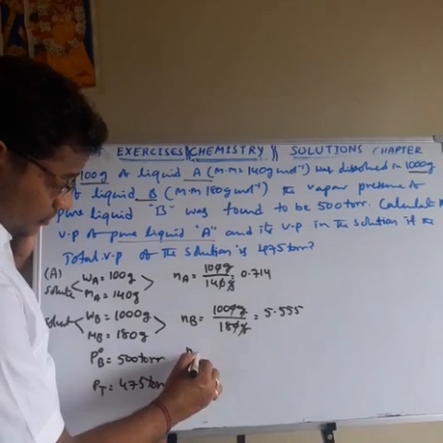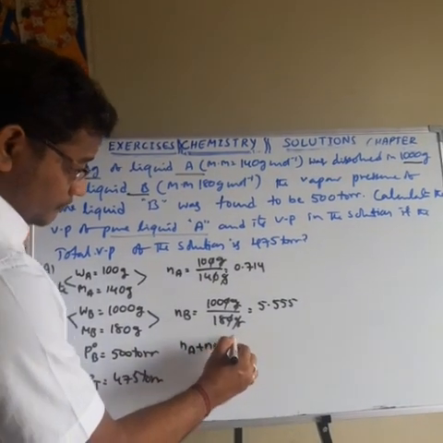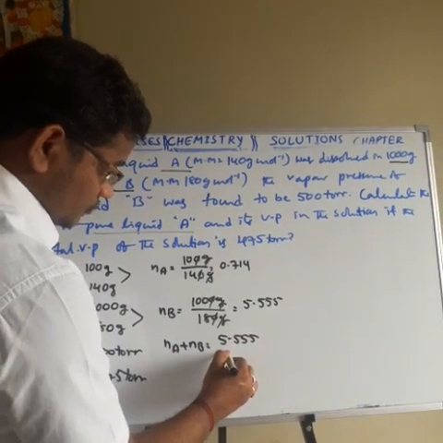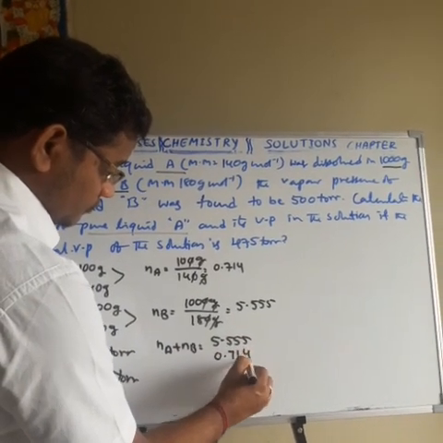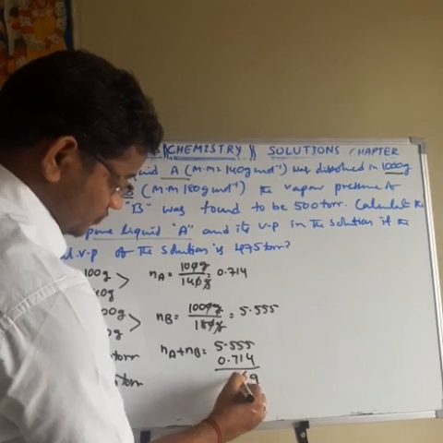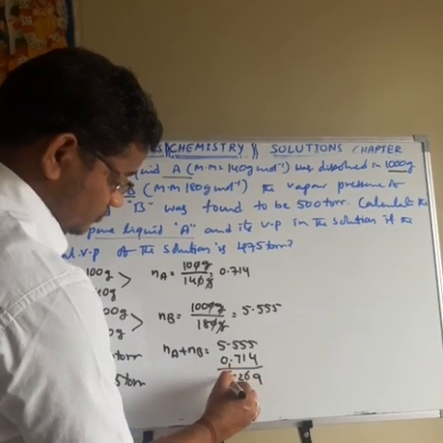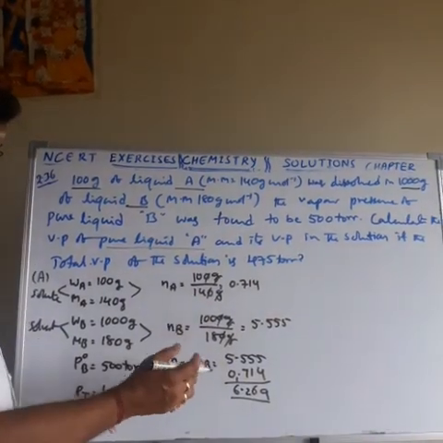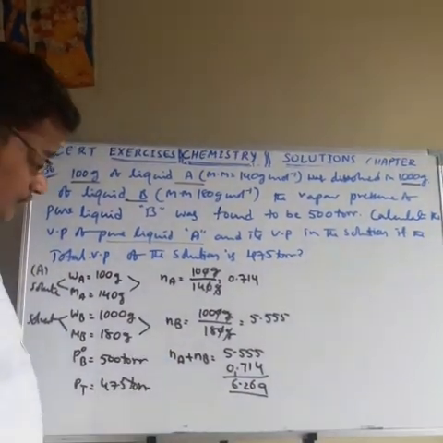Then the total number of moles of A and B: 5.555 plus 0.714, its value is 6.269. So this is the total number of moles of solute and solvent, or the total number of moles of solution.